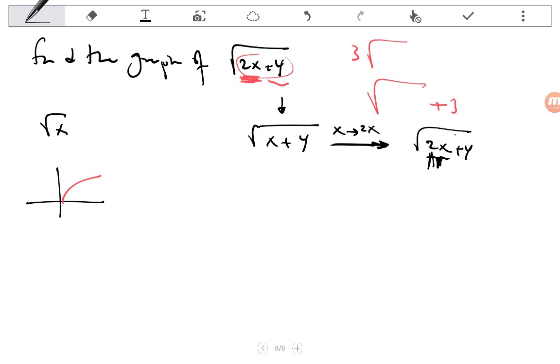Okay. Now, how can I get from root x to root x plus 4? What is this called? I take every x. Now, whenever I have an arrow, above it I express the mathematical operation, and below it I express the meaning of the operation.